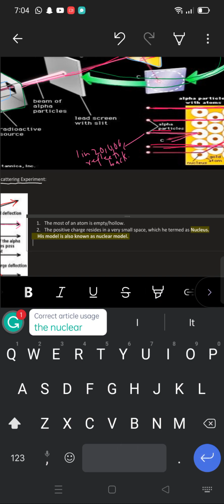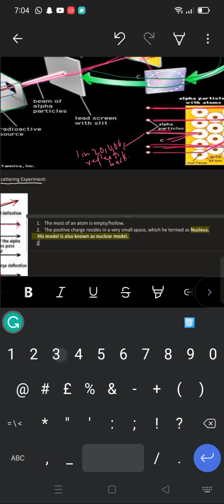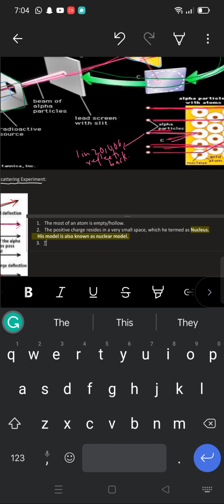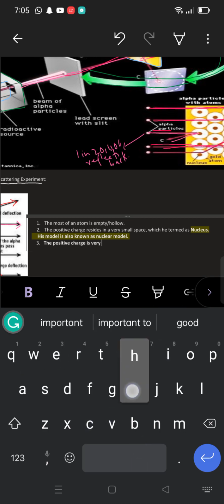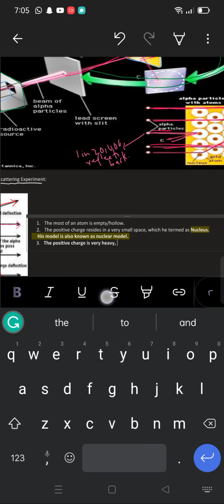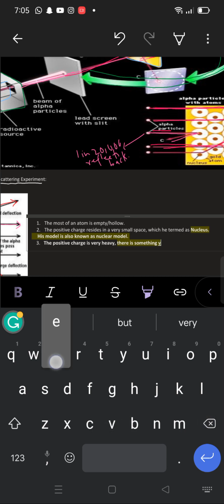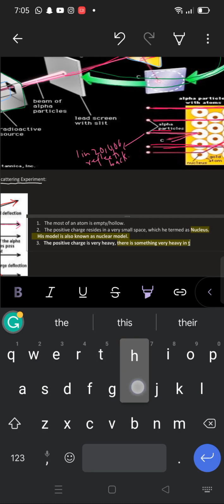The third point of his theory was that the positive charge is very heavy, or there is something very heavy in the nucleus, right?